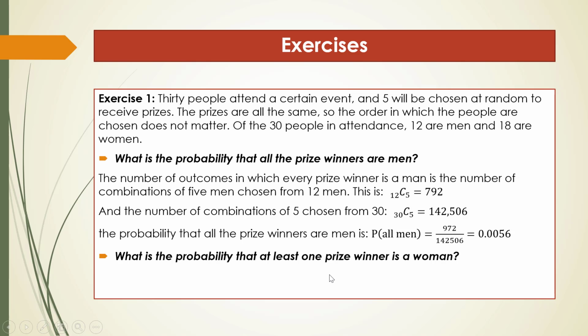The complement of the event that at least one prize winner is a woman is the event that all prize winners are men. So the probability that at least one prize winner is a woman is 1 minus the probability that all the prize winners are men. So that is 1 minus 0.0056, and the answer is 0.9944.